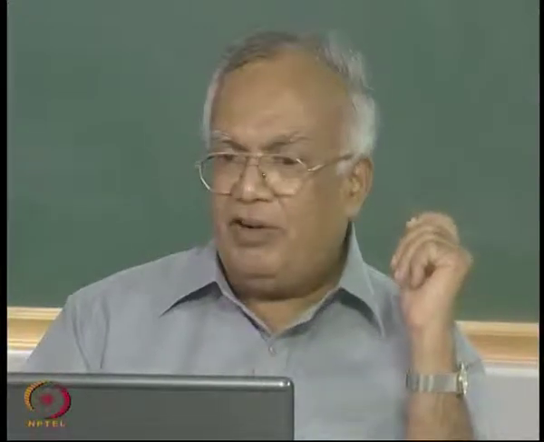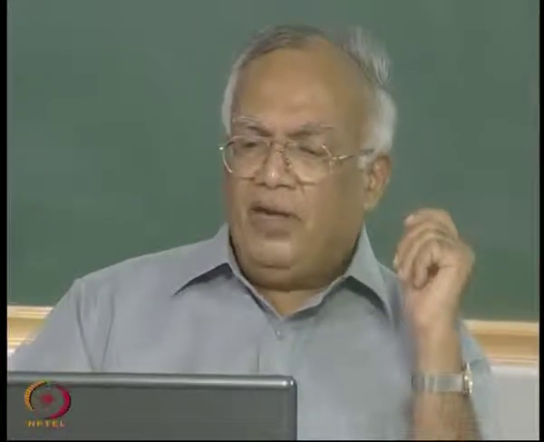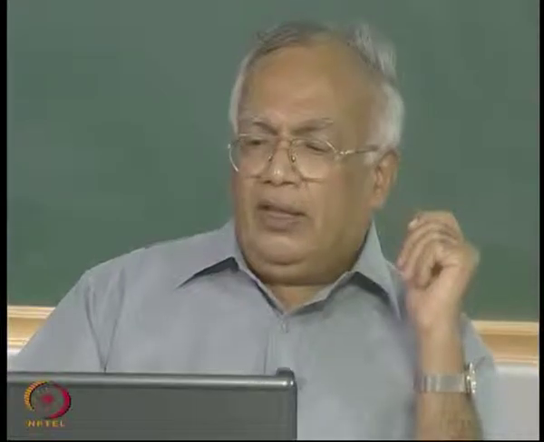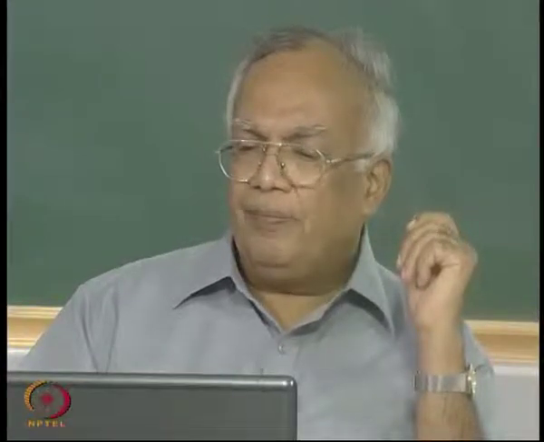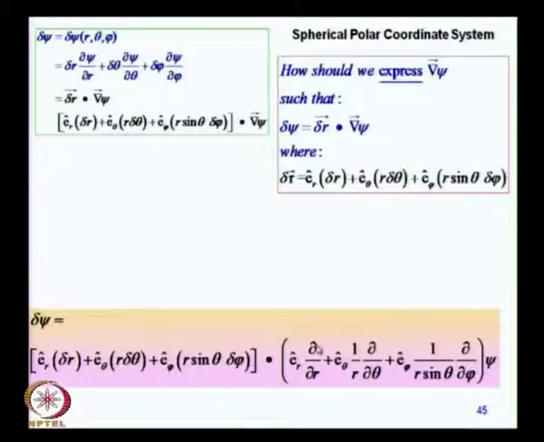So we use that as a criterion, and we discover that if you write the gradient of psi as what you see over here, that it is E r del psi by del r plus E theta 1 over r times del psi by del theta plus E phi 1 over r sin theta del psi by del phi. I have written all of this with psi outside the bracket because the whole operator operates on the function psi.